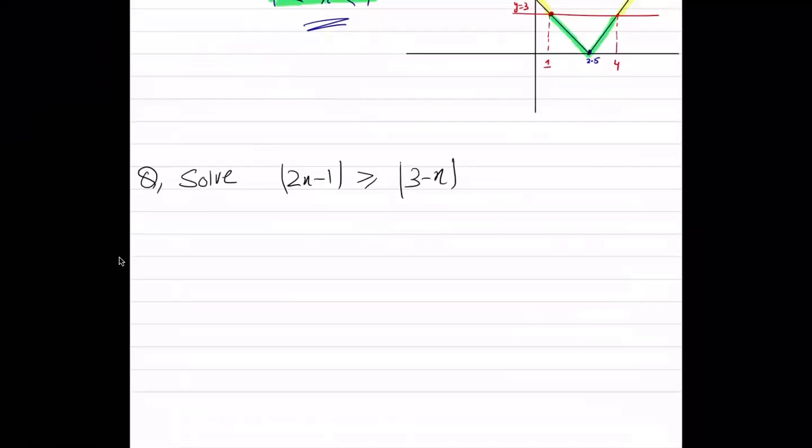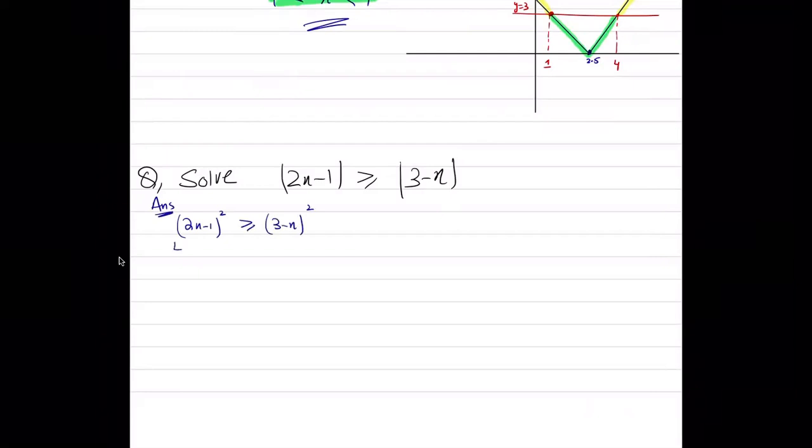Then you have: solve |2x minus 1| greater than or equal to 3 minus x. Now, remember when you had modulus signs on both sides of the equation, what were you doing? Squaring both sides. So we are going to do the same thing over here. (2x minus 1) squared greater than or equal to (3 minus x) squared.